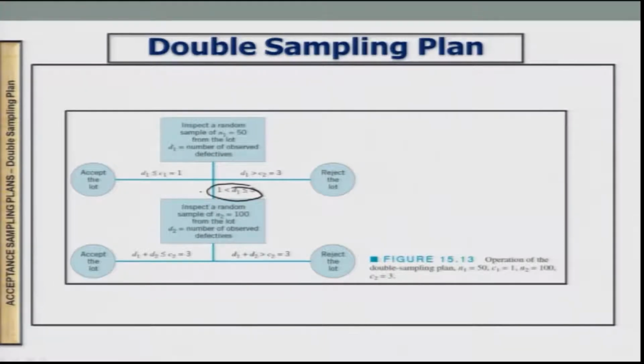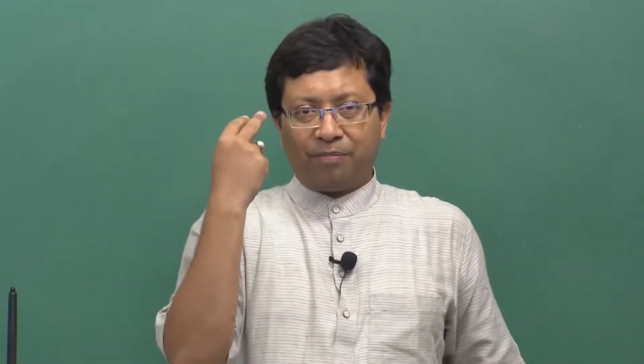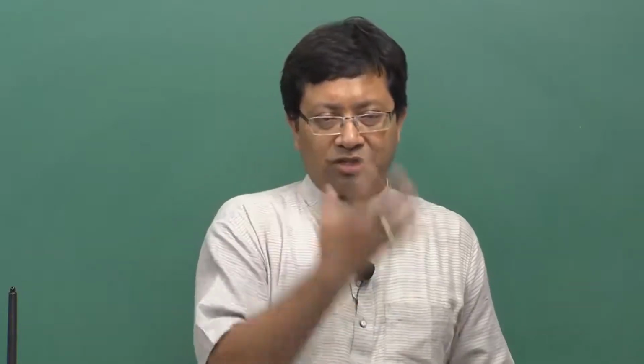In this sequence you can go from stage 1 to stage 2, and stage 2 to stage 3. For example, you have the triple sampling plan, and there you have the sample sizes N1, N2 and N3. D1, D2, D3 are the numbers of defects you get in the first picking, the second picking and the third picking, and C1, C2, C3 are the limits.